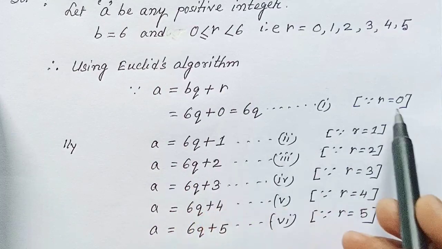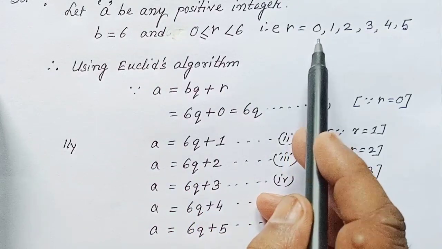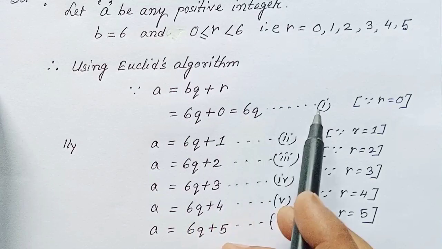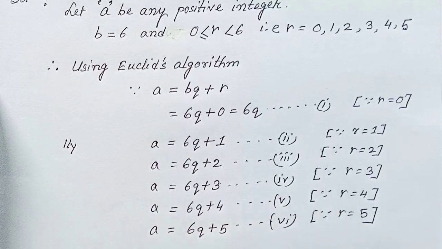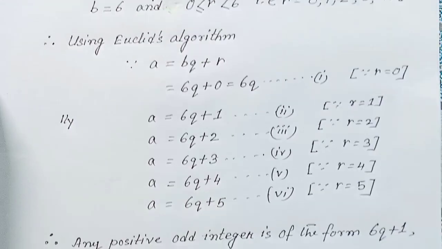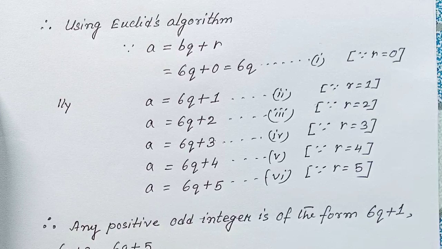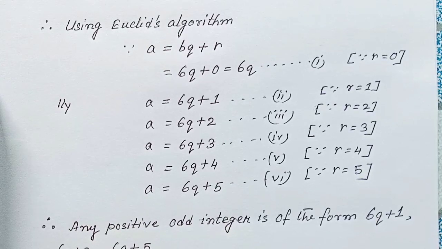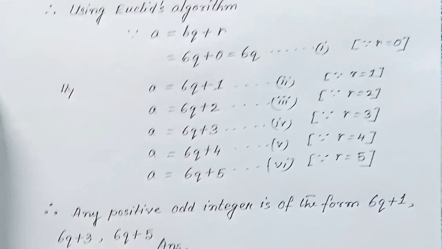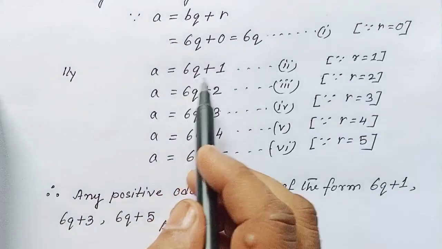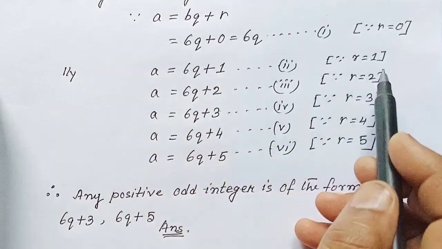We are taking the first value of r equal to 0, then 6q plus 0 is equal to 6q, which is our number 1. Similarly, by putting the respective values of r, we can find out the value of a. Suppose a equal to 6q plus 1 because r is equal to 1.